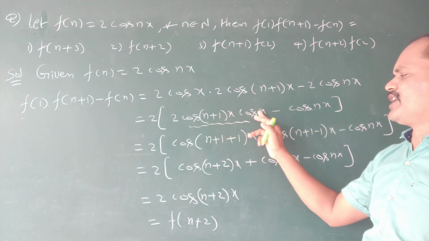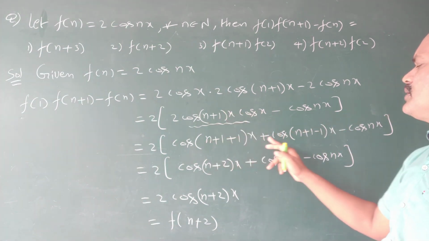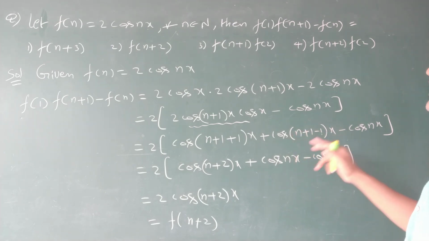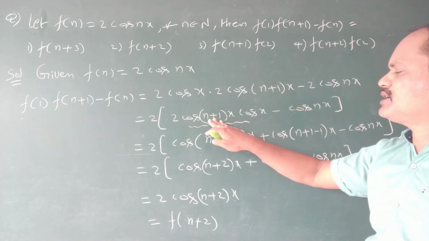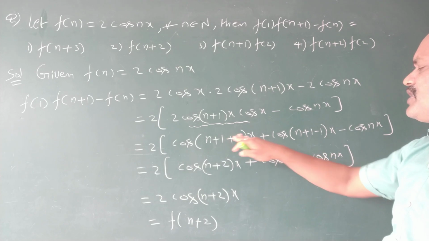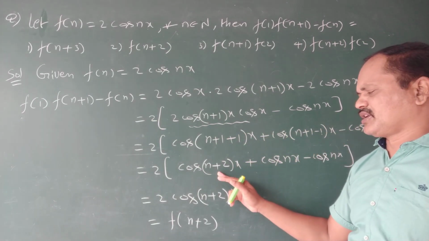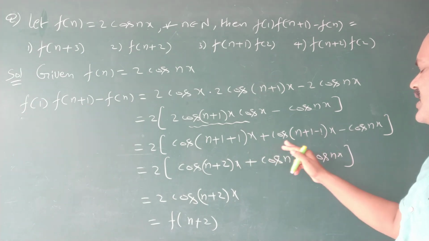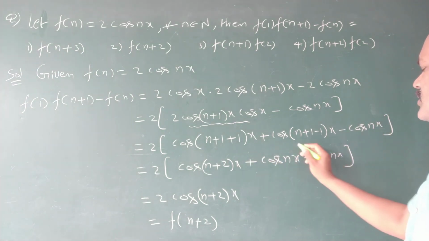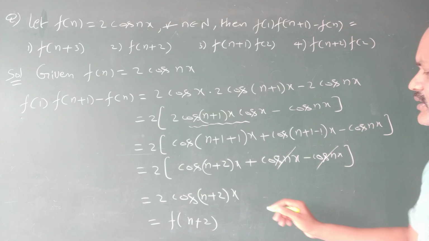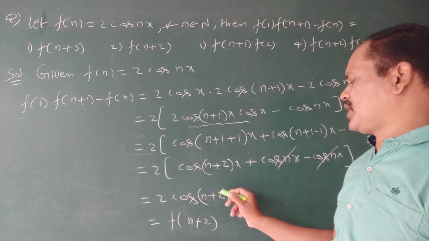Here take common x, that's why (n plus 1 plus 1) plus (n plus 1 minus 1)x. Then it is cos of A plus B plus cos of A minus B. Now n plus 1 plus 1 is (n plus 2)x. Here 1 gets cancelled, and cos nx gets cancelled. Then it is 2 cos (n plus 2)x.